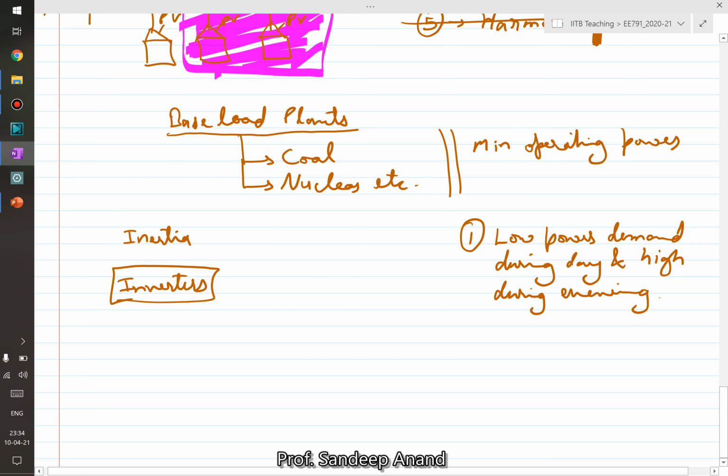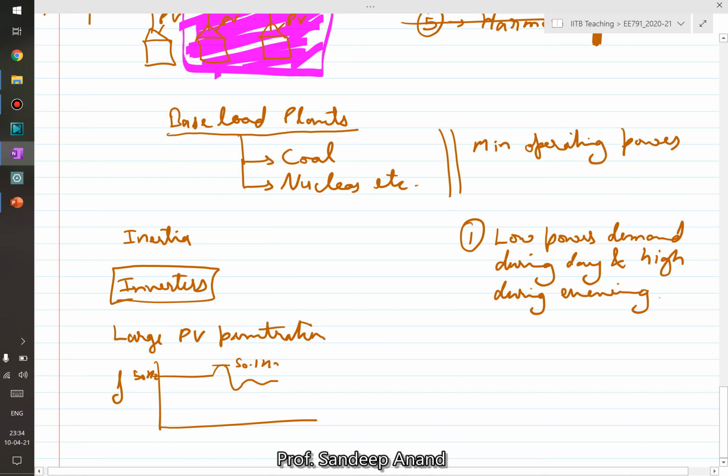For example, imagine a scenario where there is large PV penetration, and this is the frequency plot. Let's say frequency was at 50 Hertz, and there was a transient which, in normal circumstances, when PV was low and there were more conventional generators, would have probably settled, touching, let's say, 50.1 Hertz.